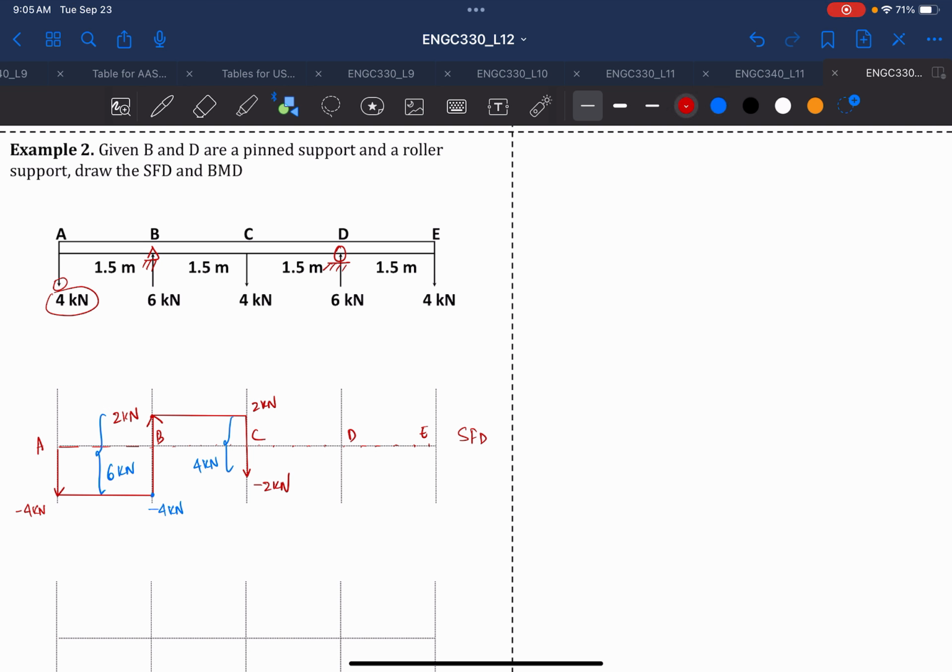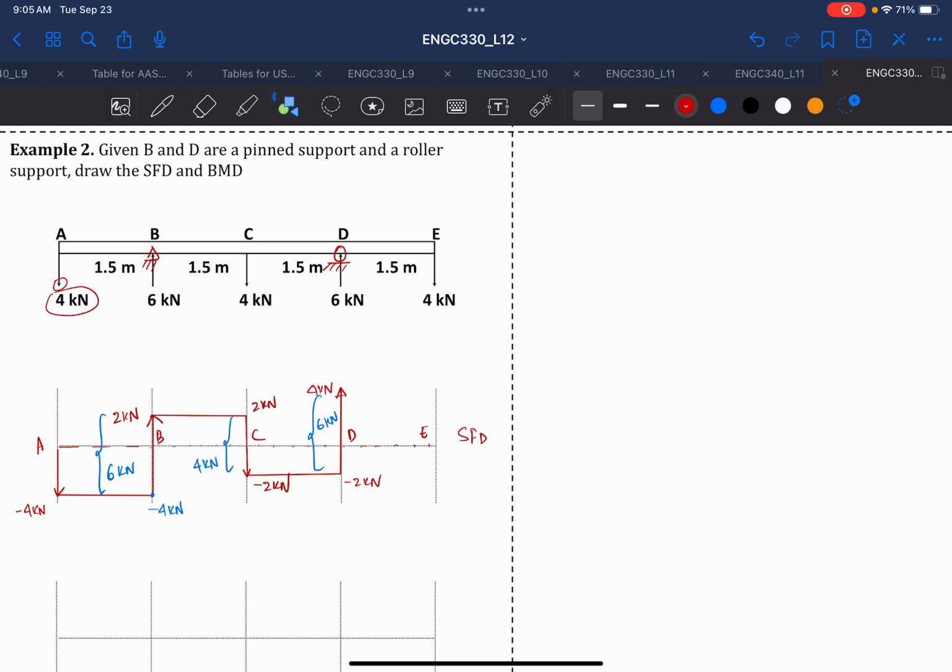From C to D, we don't have any load intensity, so the slope has to be 0 and it must be a straight line again. Then it goes up to 4 kilonewton on top. This is 4 kilonewton and this is minus 2 kilonewton, so the distance again has to be equal to 6 kilonewton.